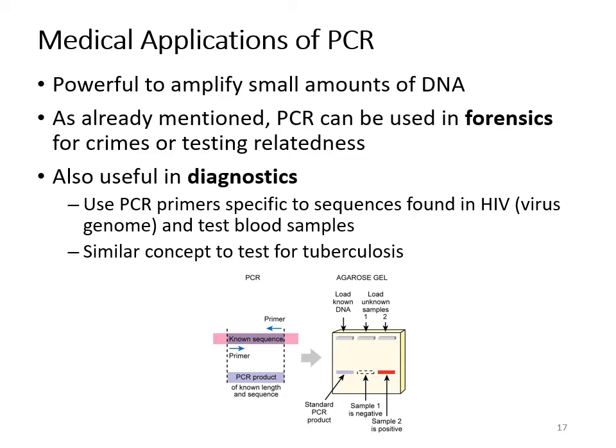They'll have primers that target the mutated sequence and see if that's present in a sample. If you see amplification, that means the gene you're looking for is present in that person. And if you don't see amplification, then the primers had nothing to stick to. There was no bad gene present. So, very powerful in the medical field.